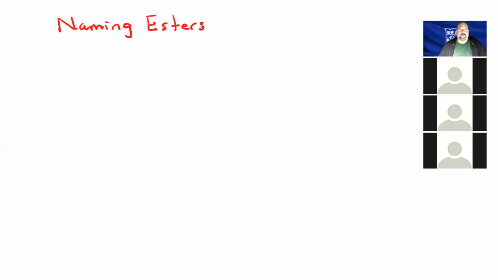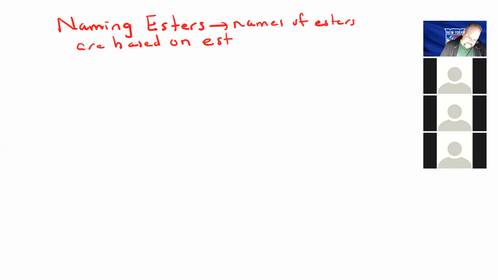And the reason why esterification is talked about first is that essentially the names of esters are based on esterification. In other words, what carboxylic acid and what alcohol can be used to make that ester.